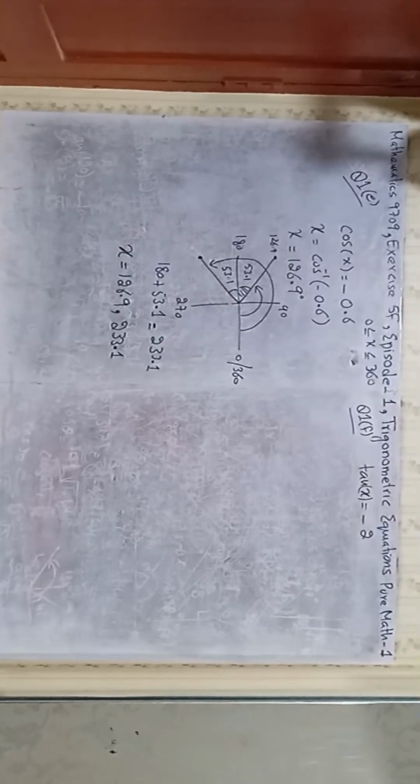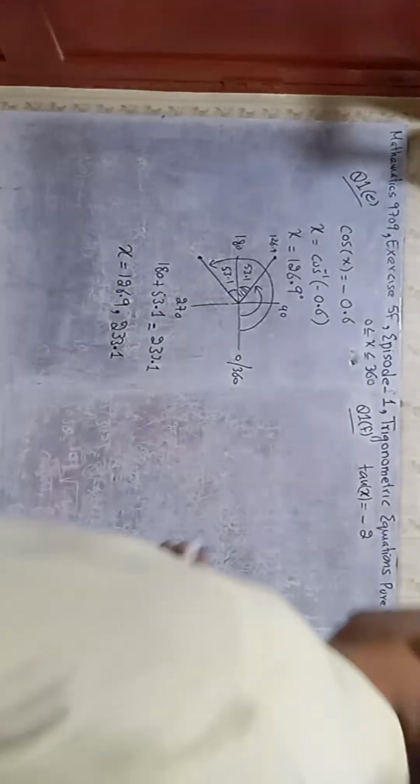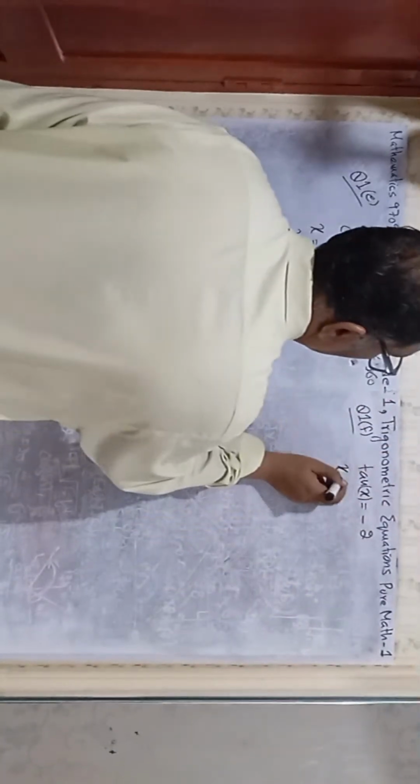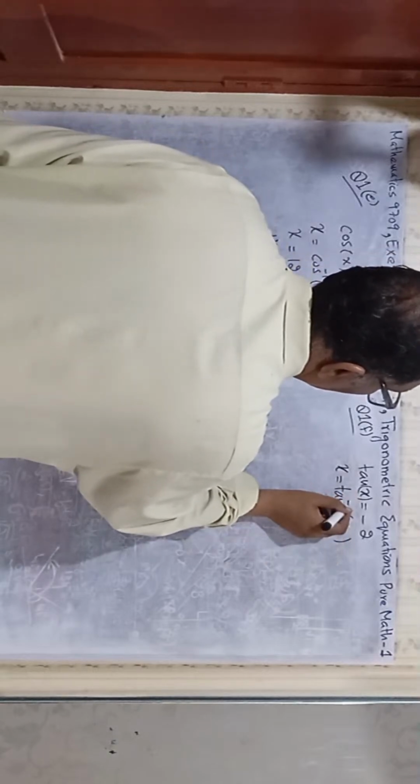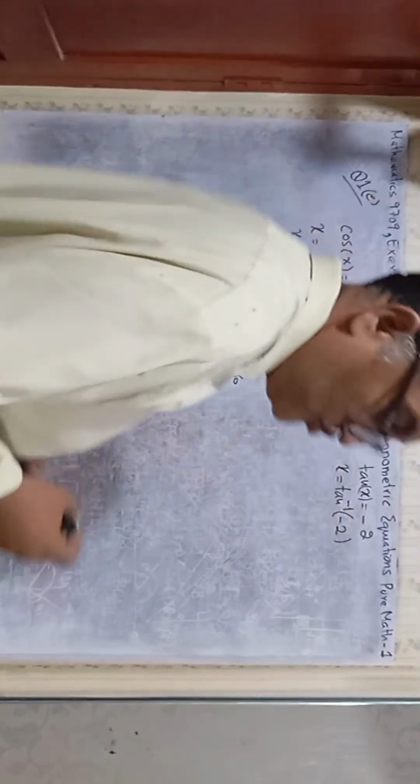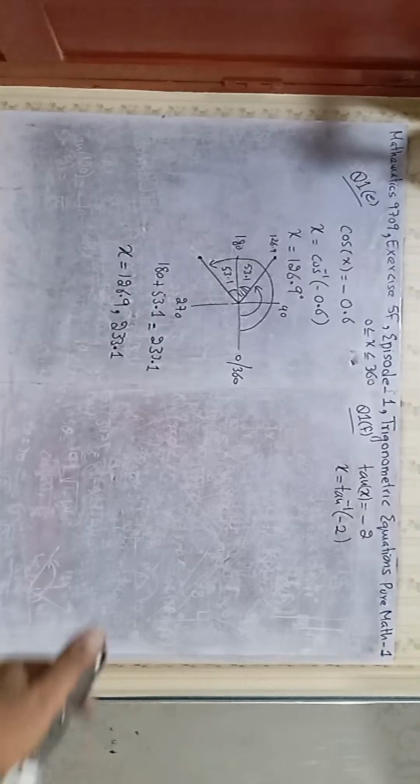So we will take x equals tan inverse of minus 2. Use your calculator to find the value of this. We will have shift tan and minus 2 bracket close equals, so it's something like minus 63.43.